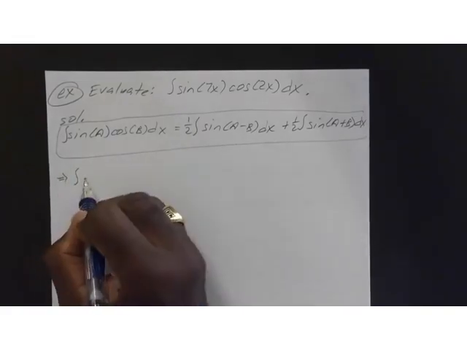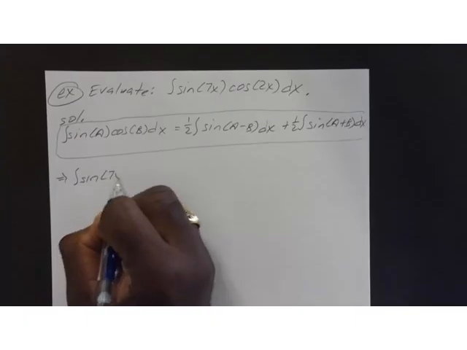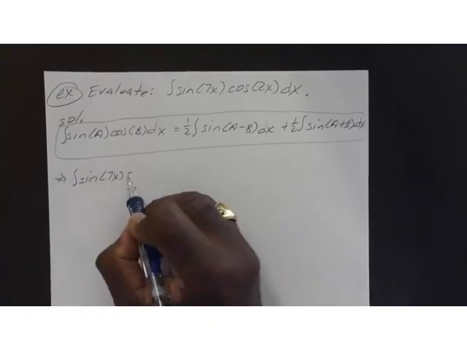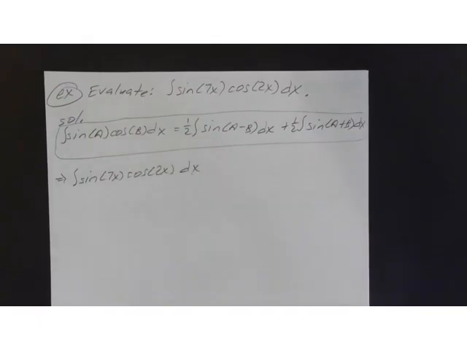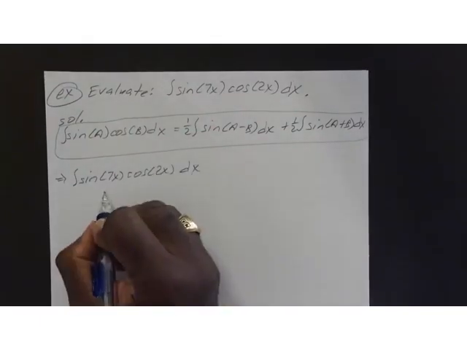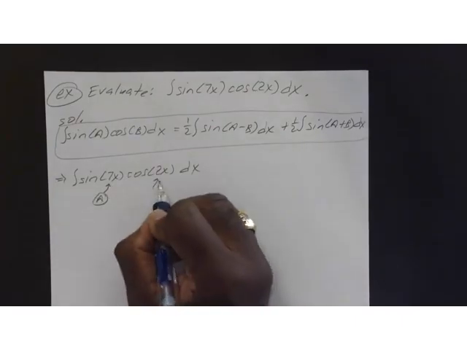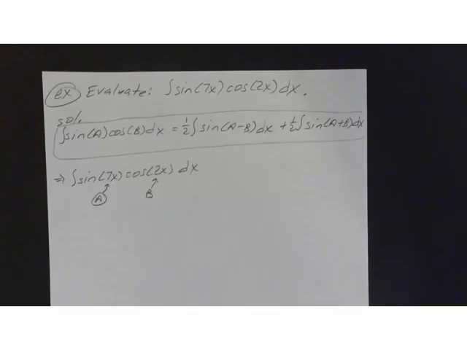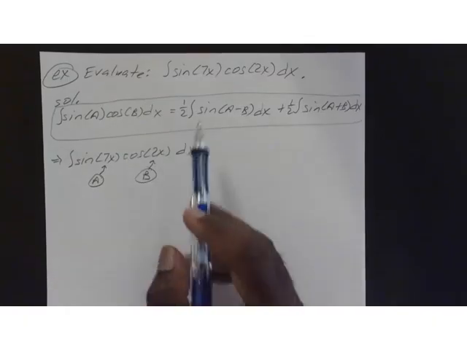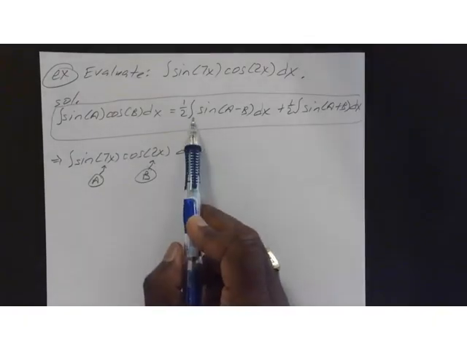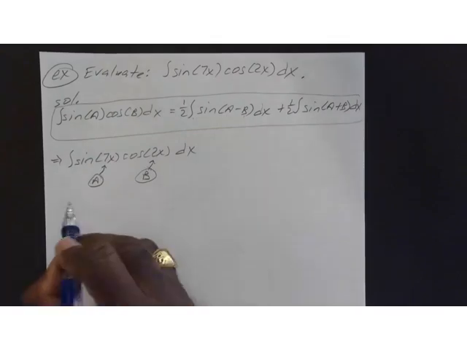So if we have the integral sine of 7x times cosine of 2x with respect to x, this is our a, and this is our b. And that's going to equal 1/2 times the integral of sine of a minus b.